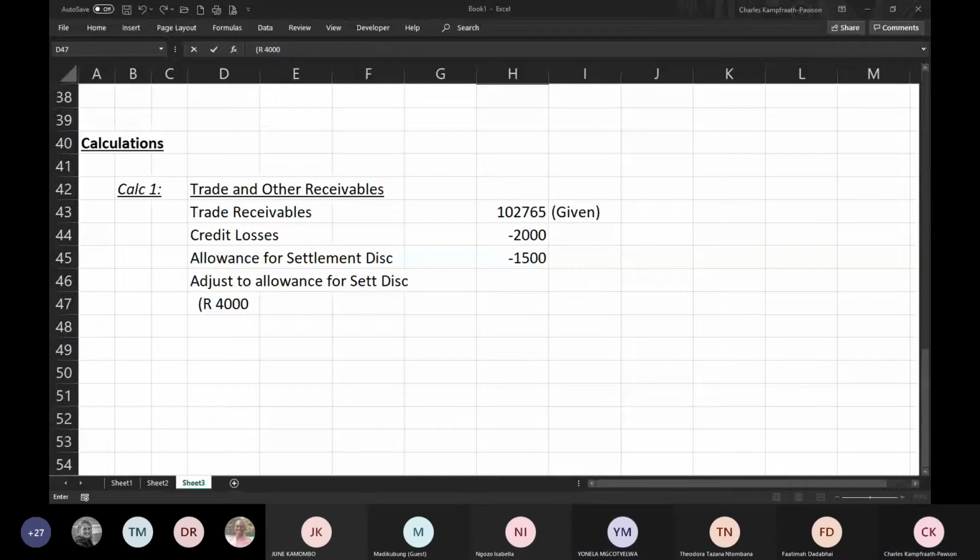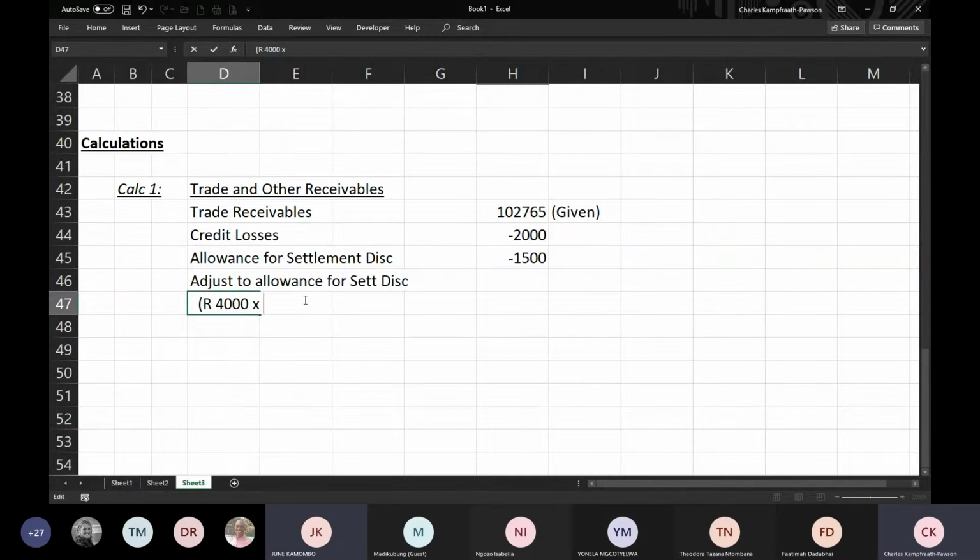Okay. And what is that amount? Should be 400. The adjustment should be 400 minus an additional 400. Everybody happy with that?